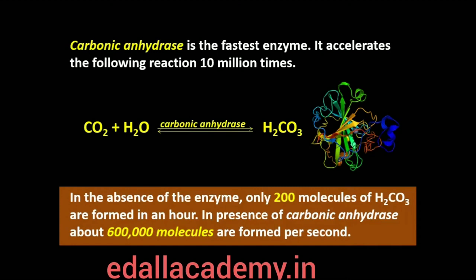The enzyme has accelerated the reaction rate by about 10 million times. The power of enzymes is incredible indeed. There are thousands of types of enzymes, each catalyzing a unique chemical or metabolic reaction.